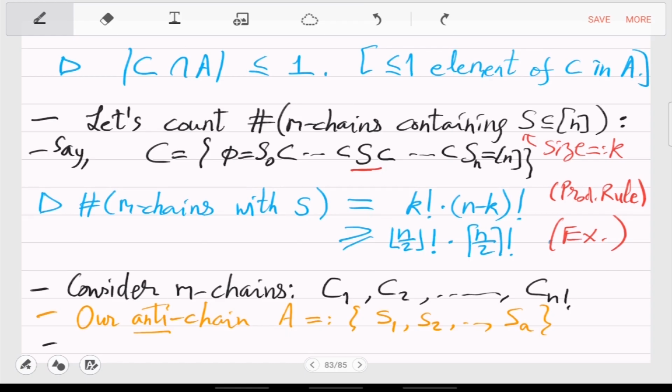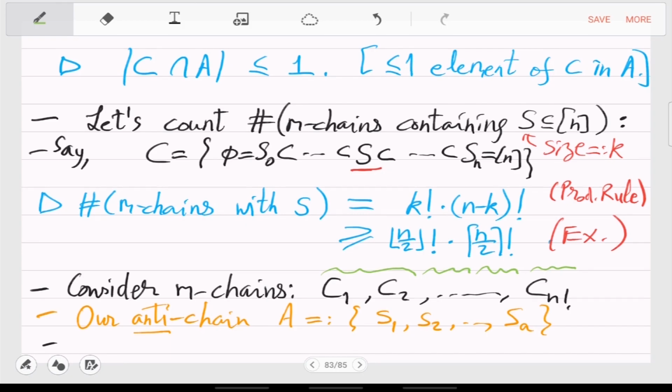So this means that if S1 appears in some of the chains, then S2 can appear only in other ones. S2 can appear, say, in these, and S3 can appear in the next, and SA can appear in some of these. So the places where they appear, these M chains are disjoint, right?